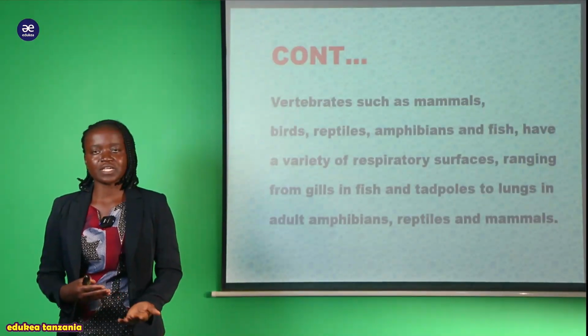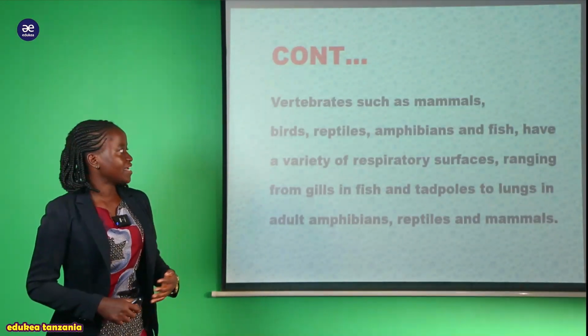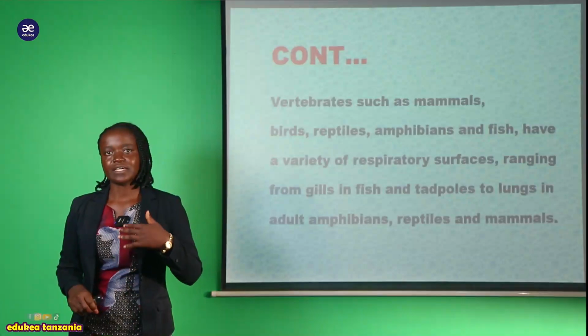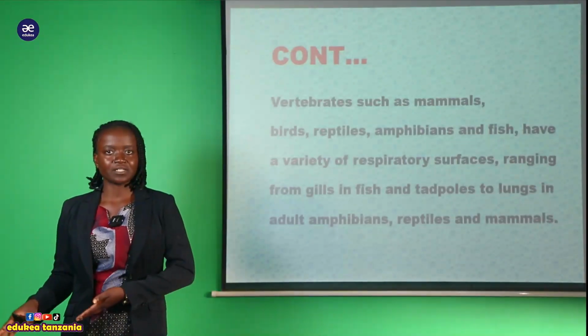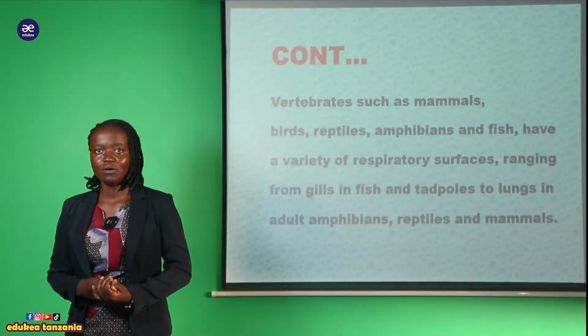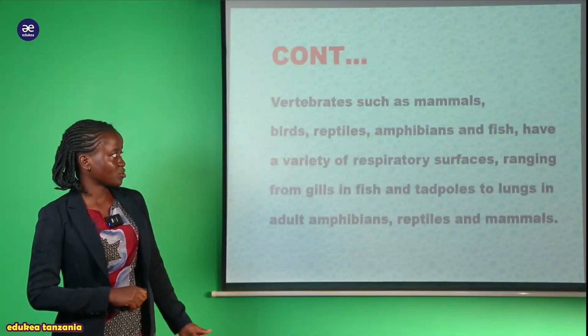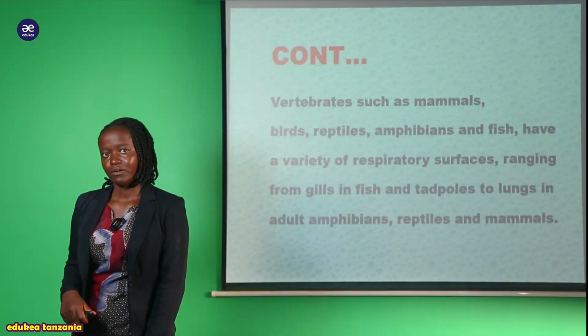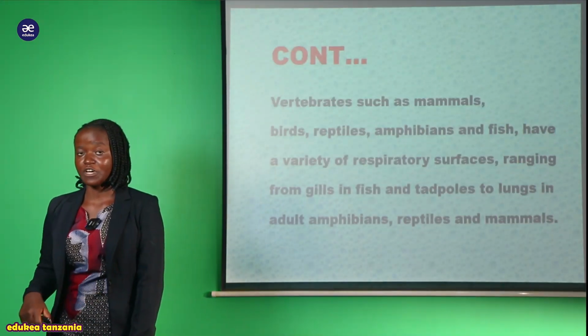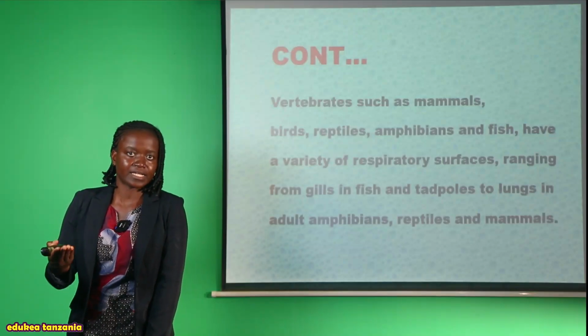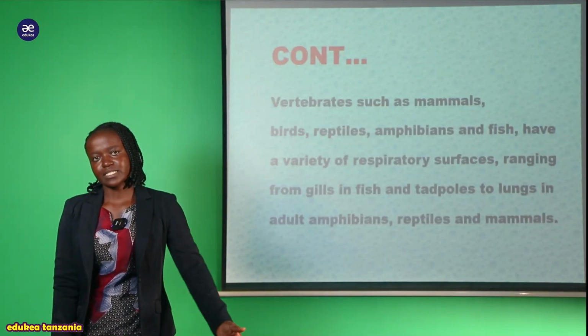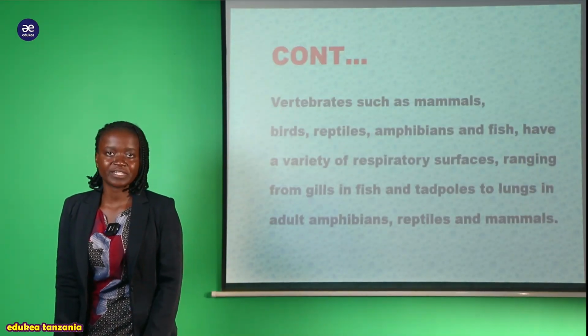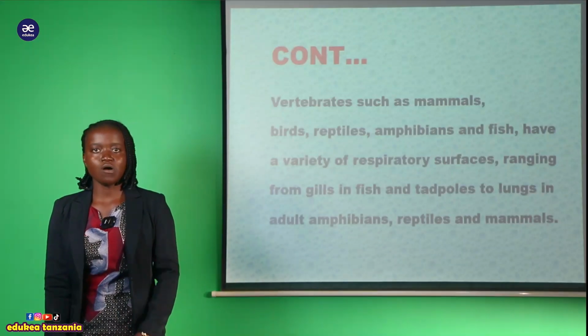Birds also have lungs. Even reptiles have lungs, but not as well developed as in the birds and mammals. Amphibians use gills and lungs, but the fish use a primitive mode, that is gills only.